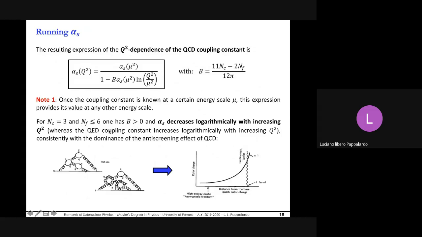And so when you substitute these numbers, it turns out that B is a positive number, okay? And as a consequence, the alpha strong decreases logarithmically, okay, with increasing Q square. Whereas, as we've seen, the QED coupling constant increases logarithmically with increasing Q square, okay? And so essentially this is consistent with the dominance of the anti-screening effect in QCD, okay?